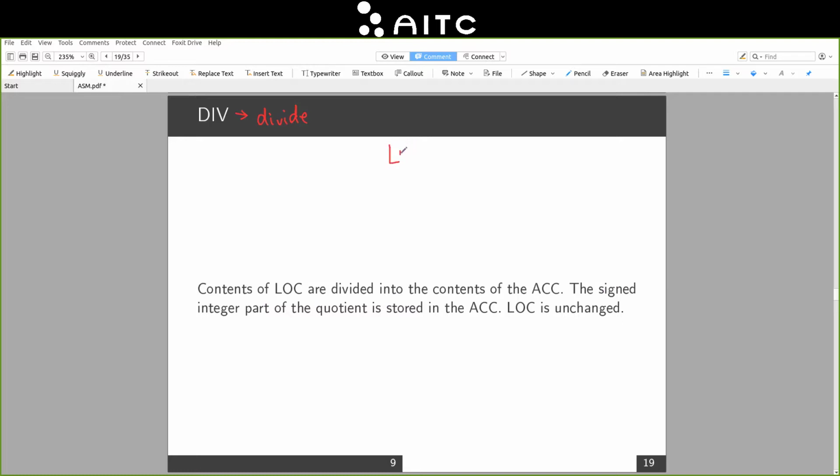Load 3 and divide 2 and then store A, then MUL 2 and then store B. What will be the values in A and in B?